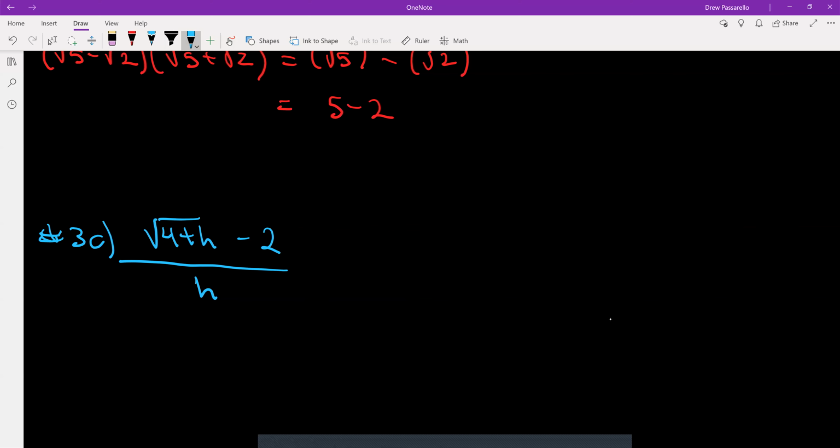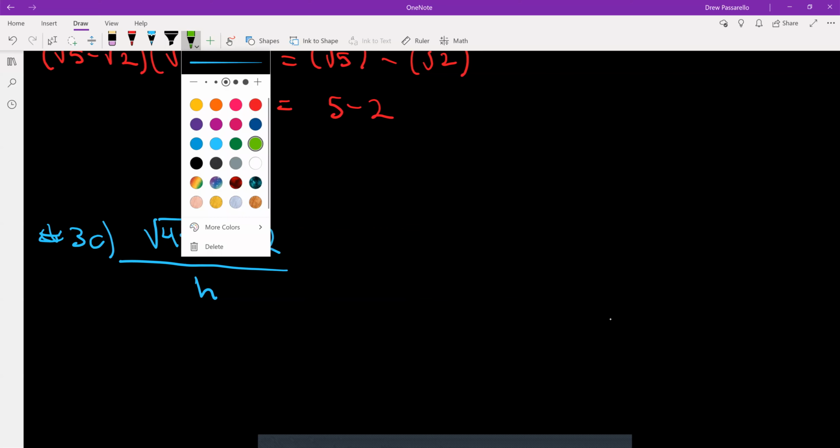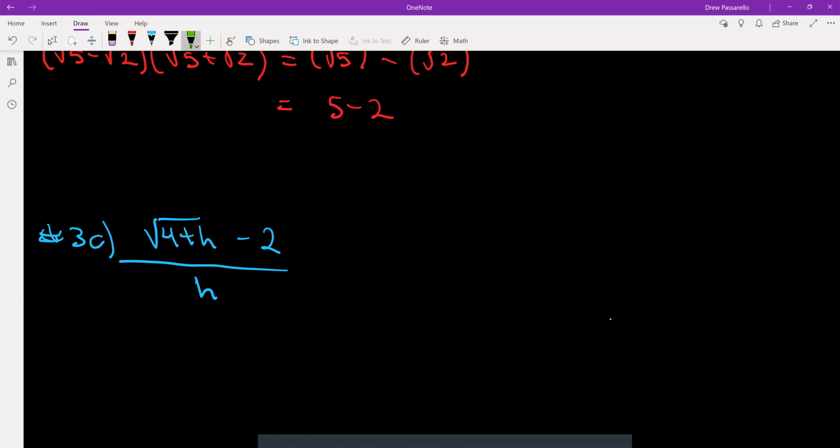And here, I'm going to rationalize top and bottom by the conjugate of this, square root of 4 plus h minus 2. The conjugate of that, you just change the minus to a plus, and I do that up top and to the bottom.